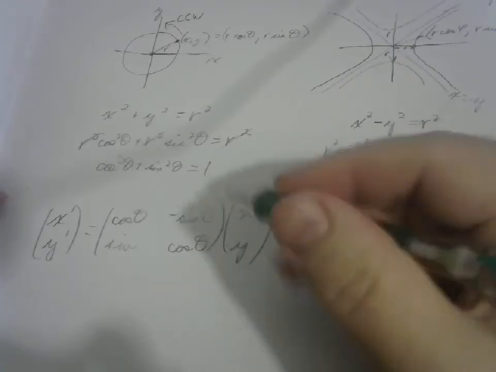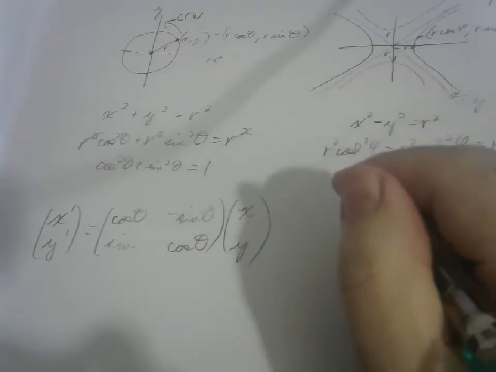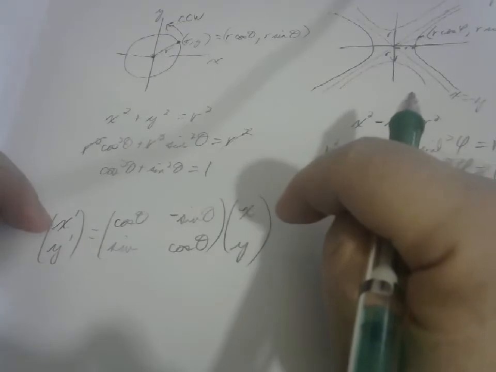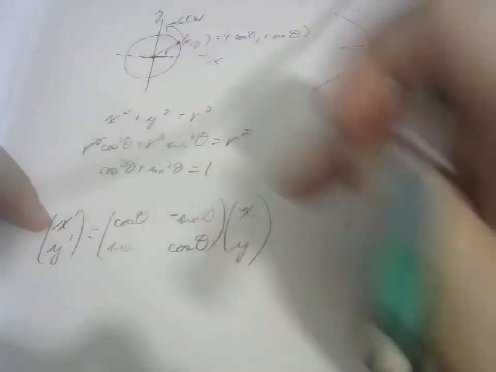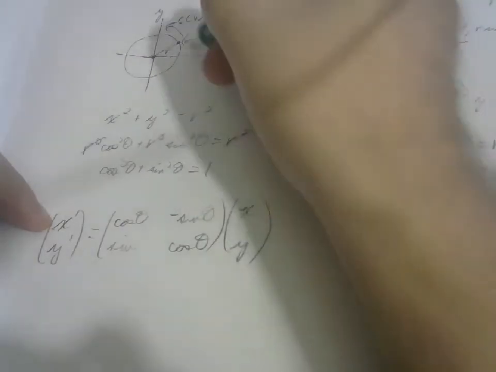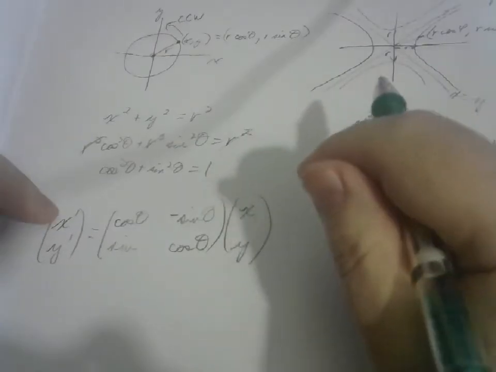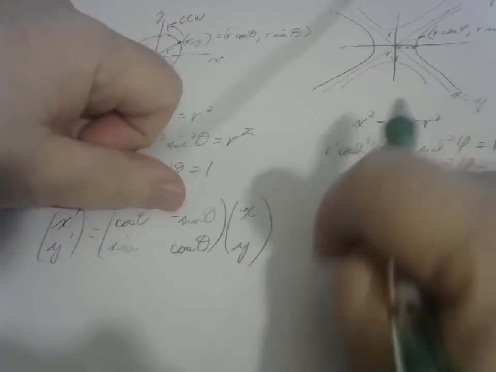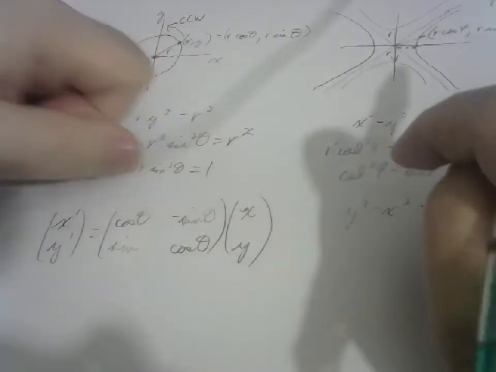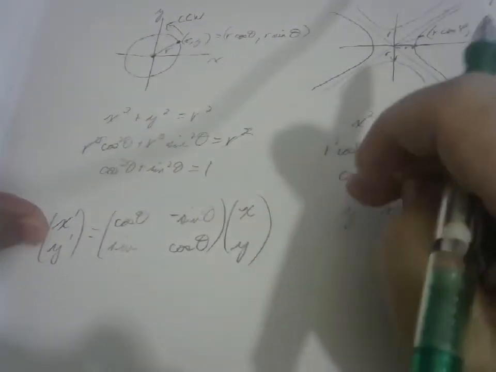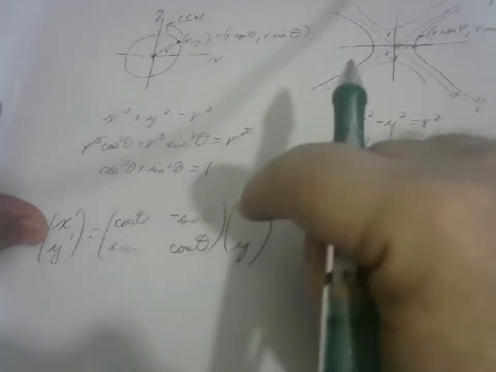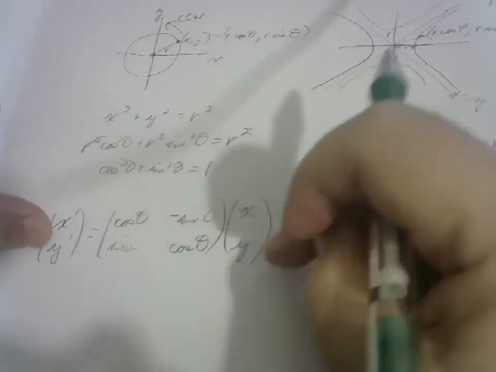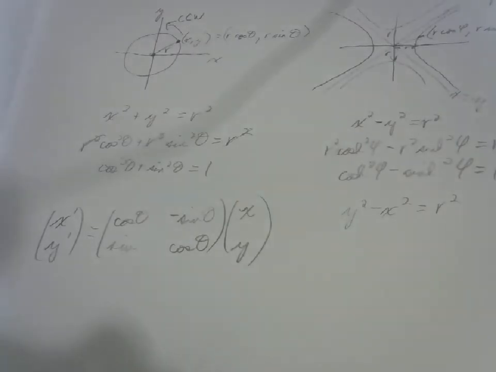And this is a matrix multiplication. So after you rotate by an angle theta counterclockwise, the new x prime will be equal to the cosine of that angle times x minus the sine of that angle times y. And the new y prime will be the sine of theta times x plus the cosine of theta times y.